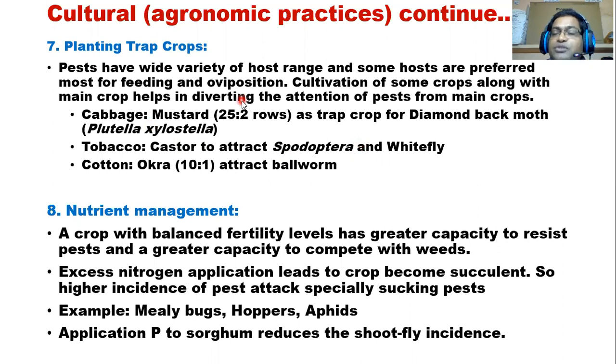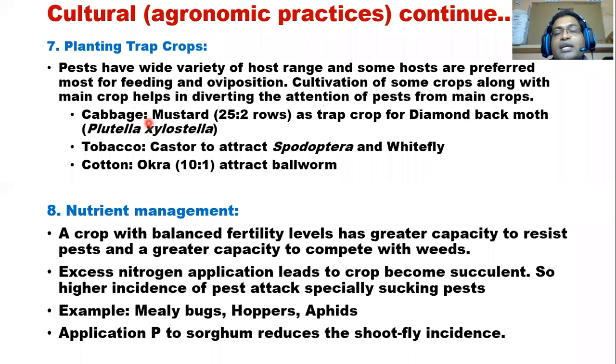And cabbage and mustard, 25:2 rows, is recommended, because the diamondback moth is a very big problem in cabbage. So if you cultivate cabbage and mustard in 25:2 rows, then you can easily escape from the diamondback moth attack on your cabbage crops.